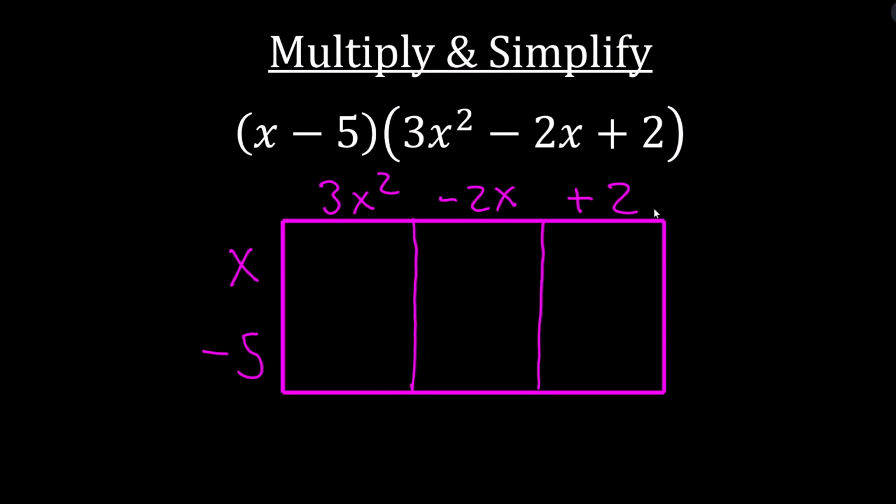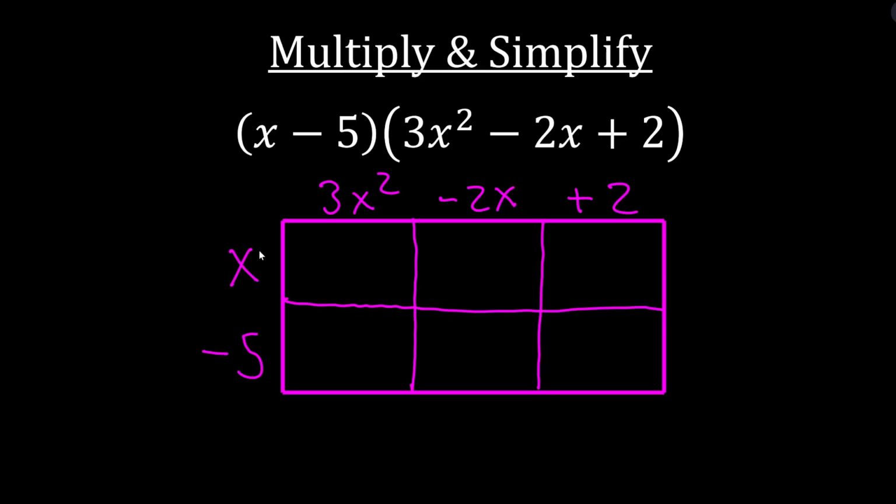So we have 1, 2, 3 terms here, so we're going to have 3 columns. We have 1, 2 terms here, so we're going to have 2 rows. Boom, 6 sub-rectangles. Let me make this one a little bit better. Awesome. All right, so now remember, the product of this is equal to this full area, which is equal to the sum of these 6 areas. So we're going to find these 6 areas, add them up, simplify if we need to. Boom, that's going to be it.